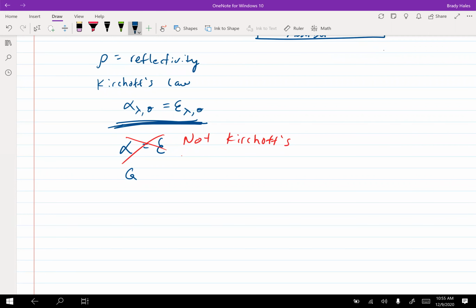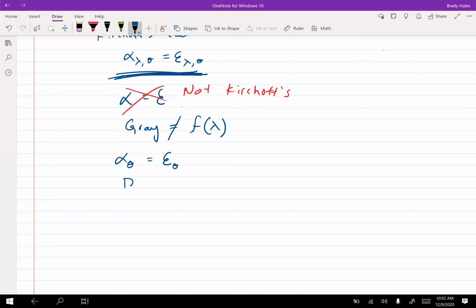Okay, so we know that gray means not a function of wavelength. So let's apply Kirchhoff's law to a gray surface. That means if it's not a function of lambda, we just erase the lambdas. Okay, so then we say the directional absorptivity is equal to the directional emissivity, right?